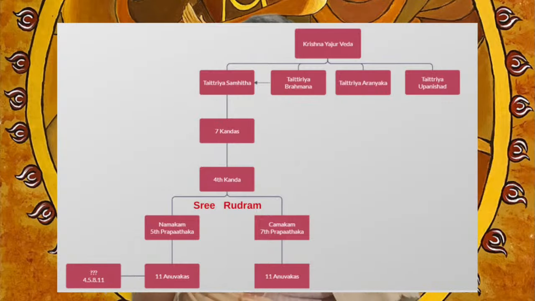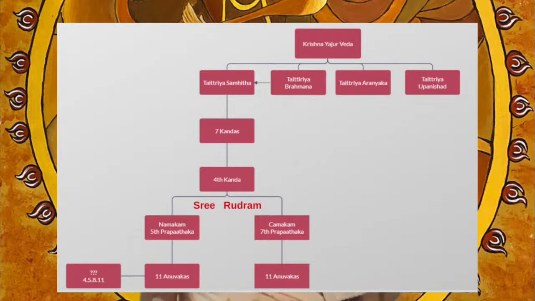I will put up a slide which will show you the branches of these. As you can see there, you have the Krishna Yajurveda. The Krishna Yajurveda consists of the Taittiriya Samhita, the Taittiriya Brahmana, the Taittiriya Aranyaka, and the Taittiriya Upanishad.